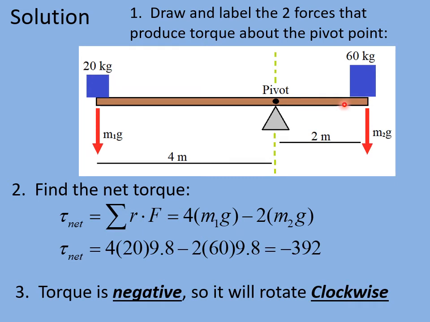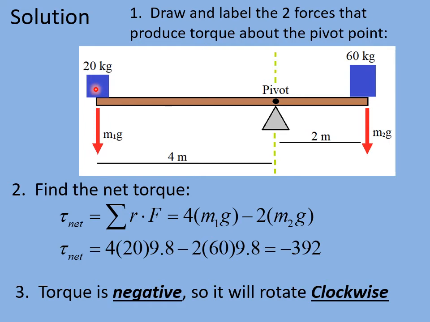So let's go ahead and do the math here. To find the net torque, we're going to add up the torques of these 2 forces. Let's start with this one, because this is creating a counterclockwise rotation in this direction. If this were the only mass on the balance beam, this thing would obviously rotate downward, so this is a positive torque.